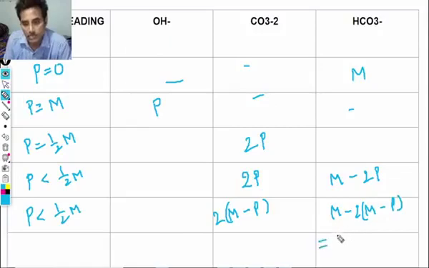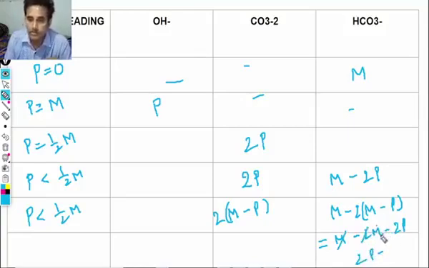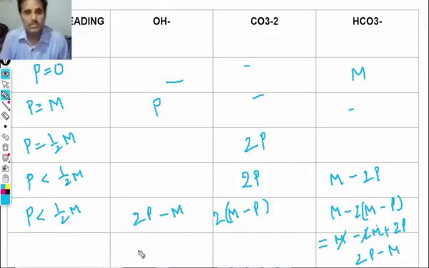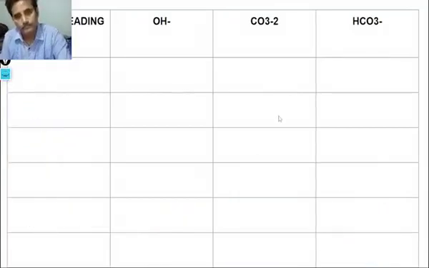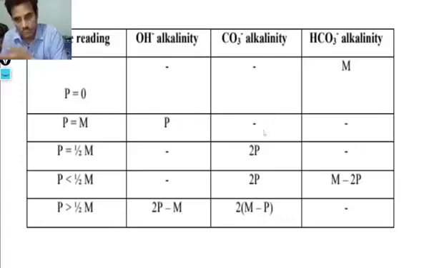Thus M minus M is cancelled, so 2P minus M will give the hydroxyl ions. So we can estimate the hydroxyl ions by using this formula also. This is the table.